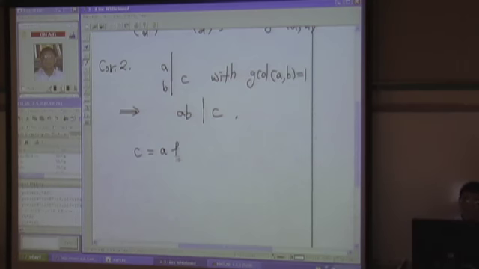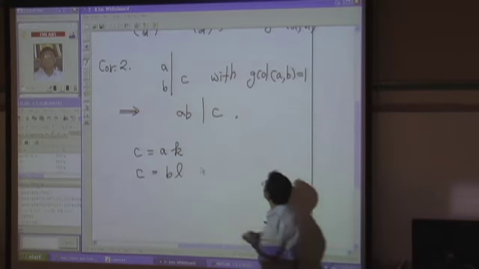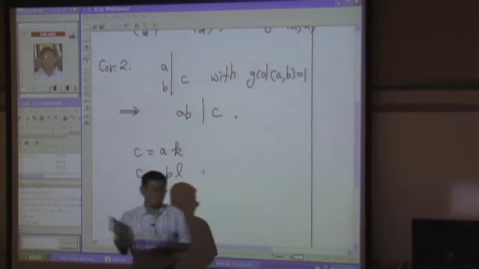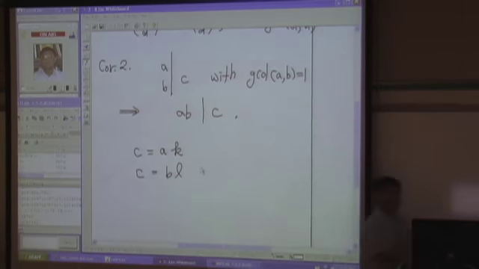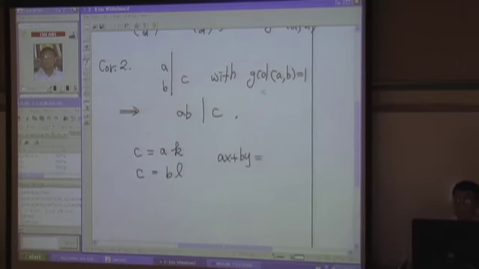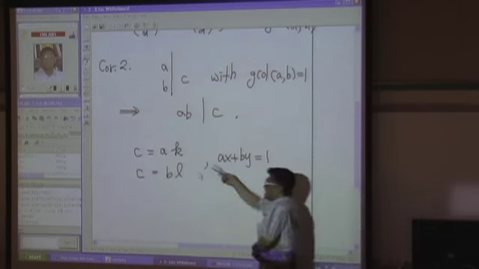K. And second, C equals B times what? L, any letter. And then GCD language: AX plus BY equals 1. So I converted everything into mathematical language like this.